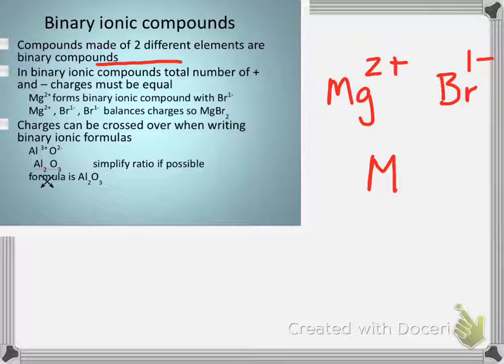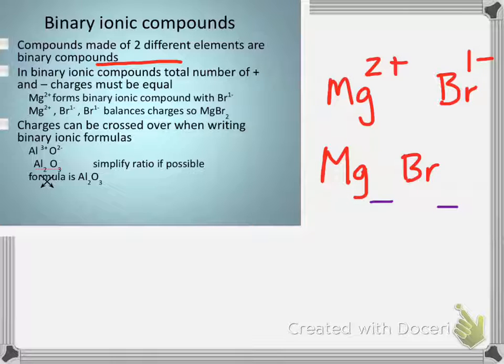So this is just like leading with the good news. The cation ion is always first. So we're going to put Mg, and I'm going to leave a space down here where I will write a subscript. And I'm going to put bromine there with a space where I will write another subscript.